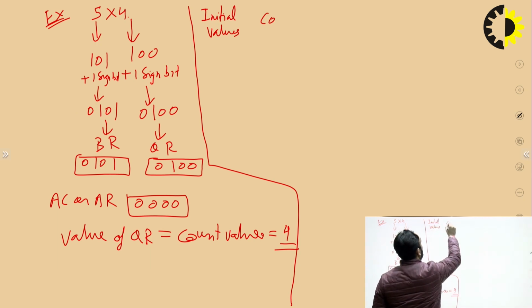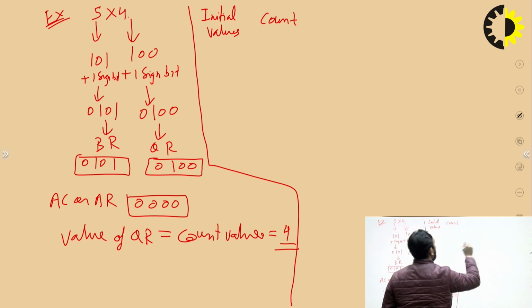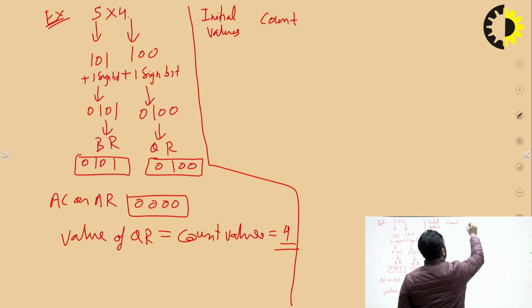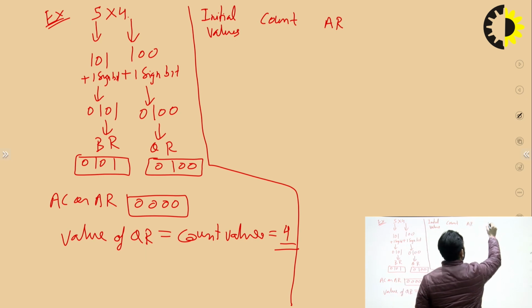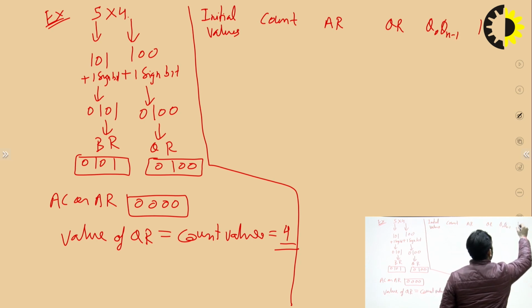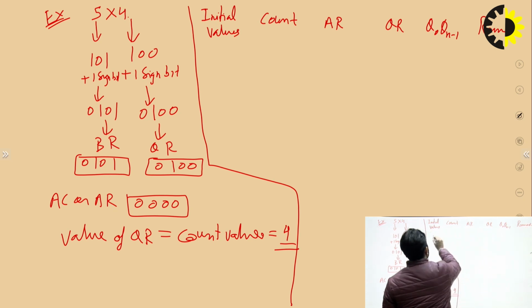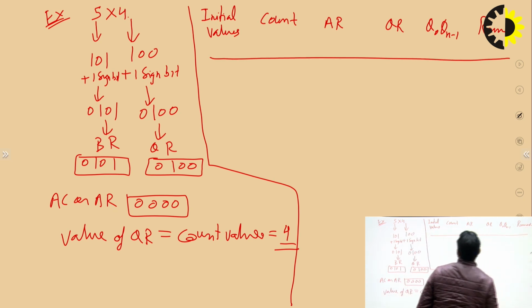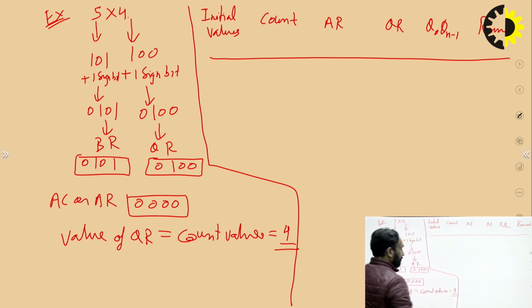First write down count, then AR, QR, Q naught or Q n minus 1, and remark. Okay, like this. Make a straight line and put in the values from the above calculated values.